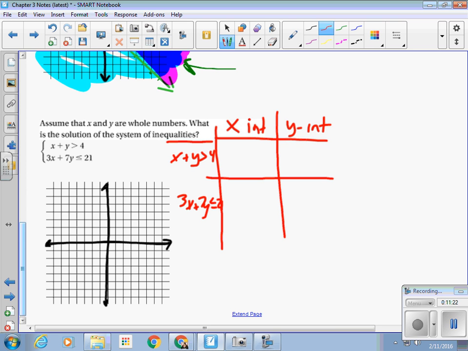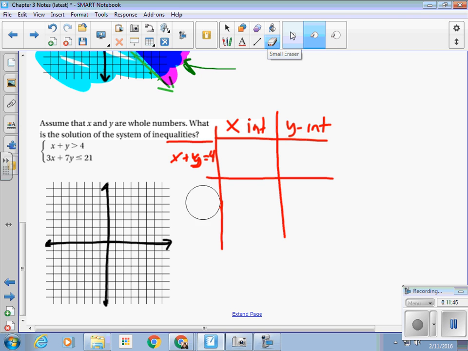Okay, so for our inequalities, to graph the x and y intercepts, I'm going to go ahead and treat them like equations of lines. So x plus y equals 4, and 3x plus 7y equals 21.